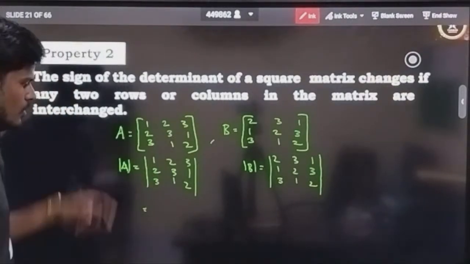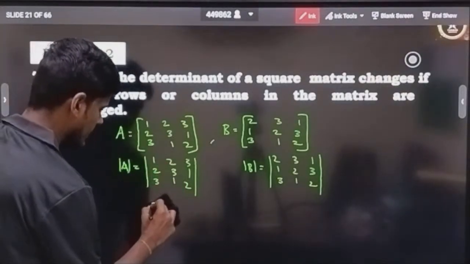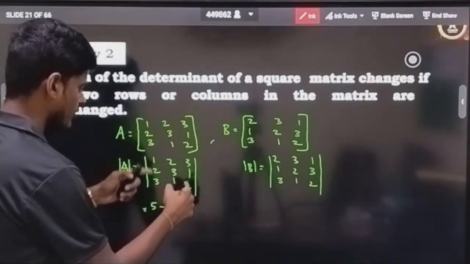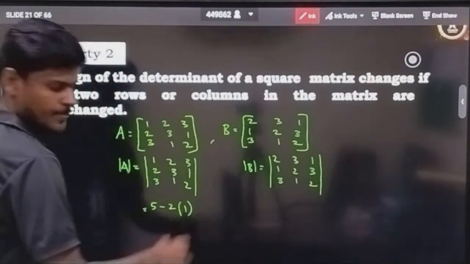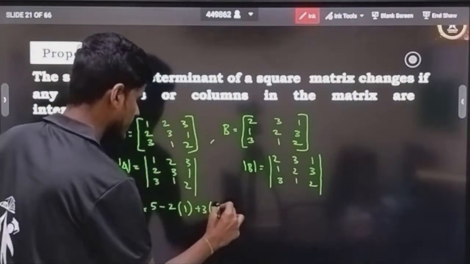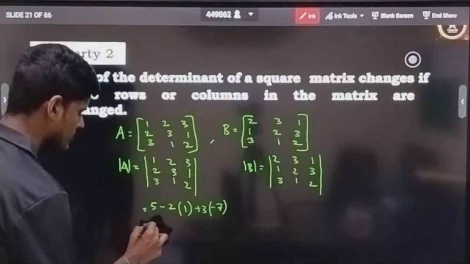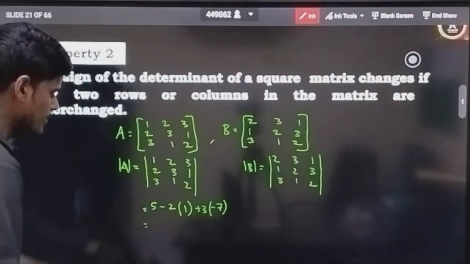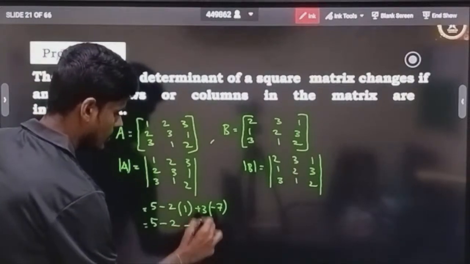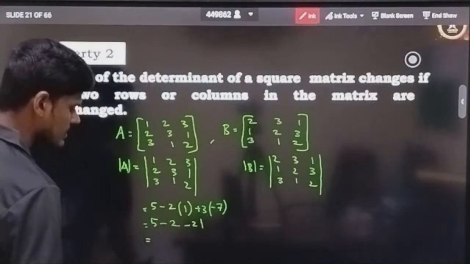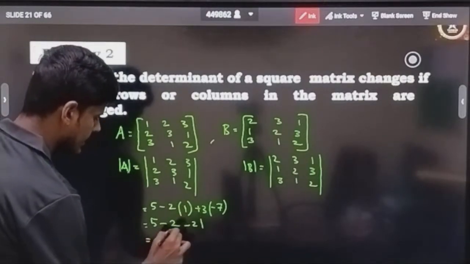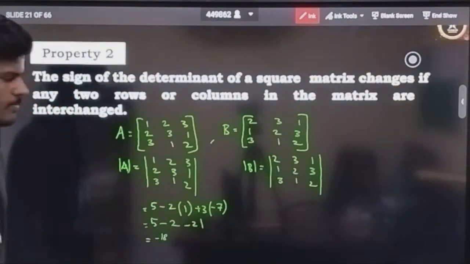This value is equal to 1 into 6 minus 1, that is 5, minus of 2 into 4 minus 3, that is 1, plus 3 into 2 minus 9, that is minus 7. So what is the final answer, students? 5 minus 2 minus 21. So final answer is 5 minus 2 is 3, 3 minus 21 is minus 18. So determinant A is equal to minus 18.